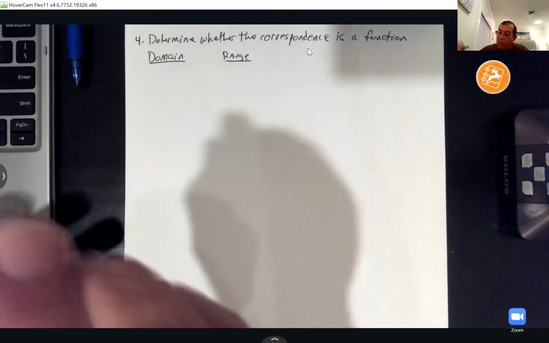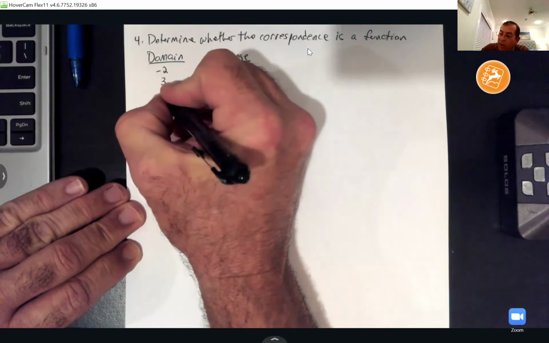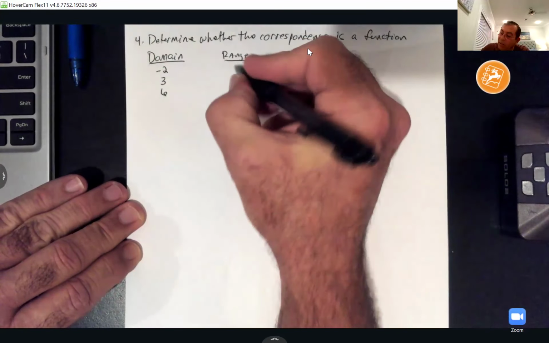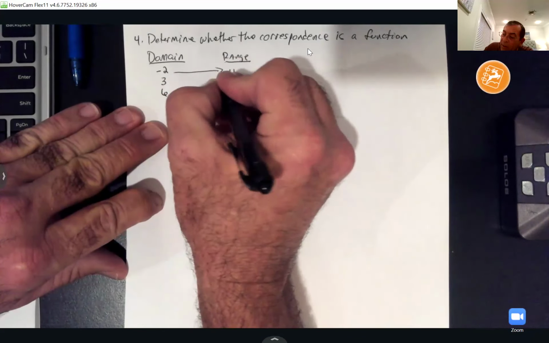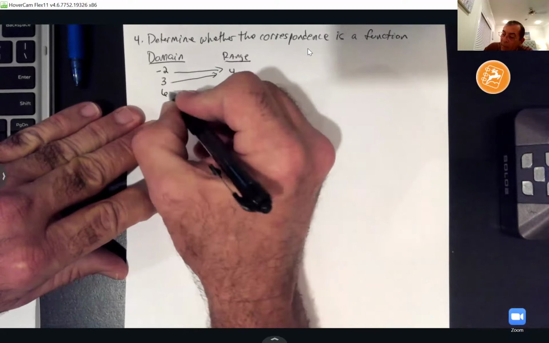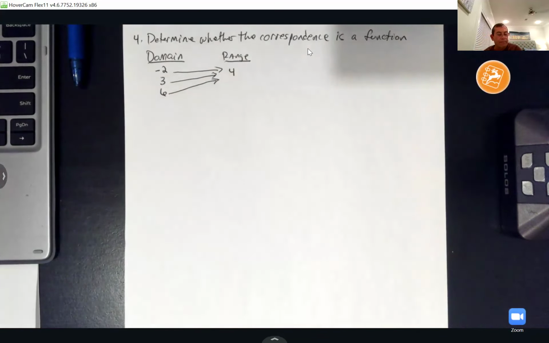Now this is one where they had the arrows. So the domain is -2, 3, and 6. The range is 4. All 3 of these are pointing to the 4.